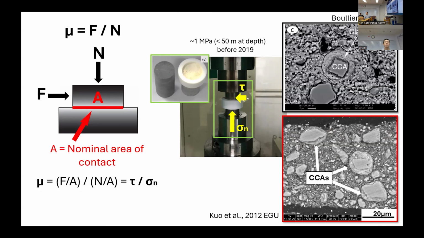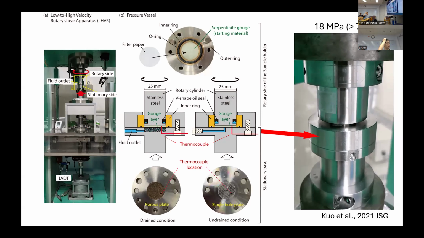But if you want to reproduce something similar to a principal slip zone, you have to shear gouge material at very large displacement. You have to shear all the time, to produce more frictional work, okay, power density. That's why when I came back to NCU, I tried to develop a pressure vessel.